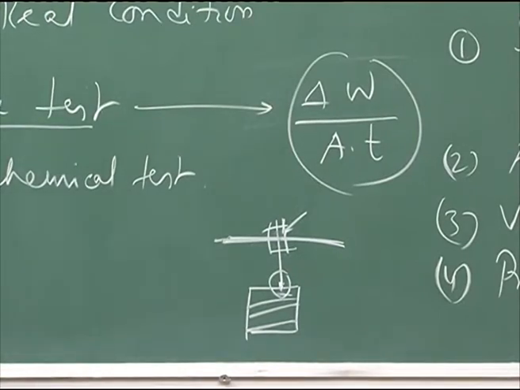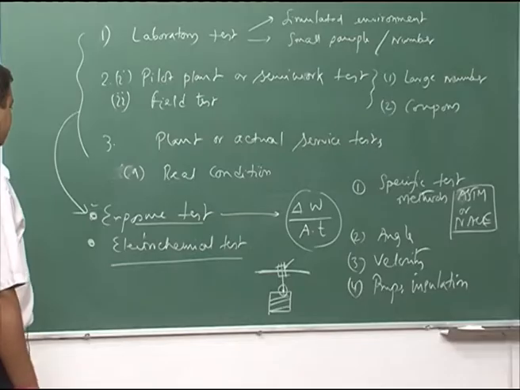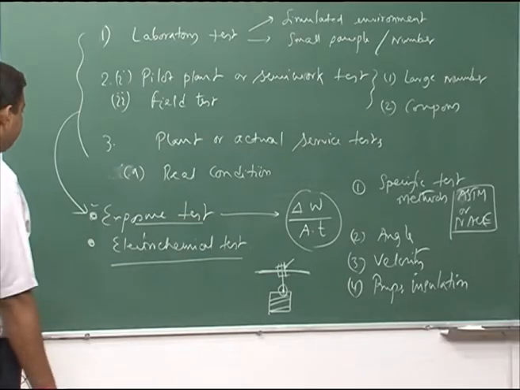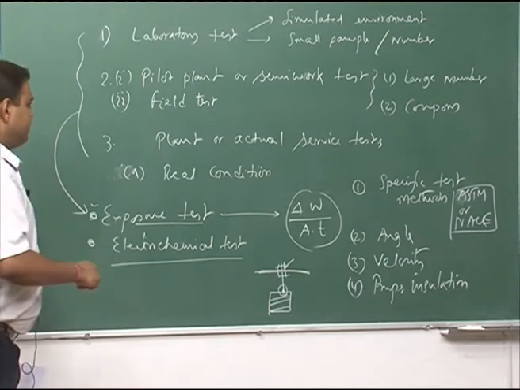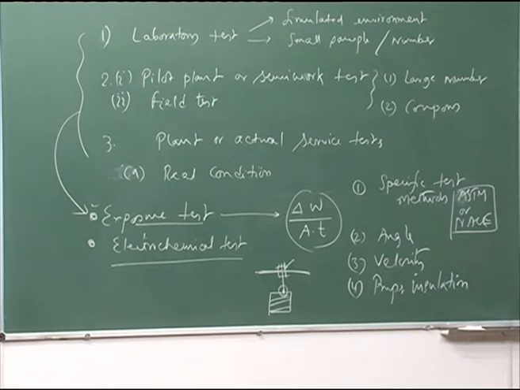Now, coming to the electrochemical test, which is very important, and this will be elaborated a little more. If we come to the electrochemical test, there are two methods by which we can calculate the corrosion rate.